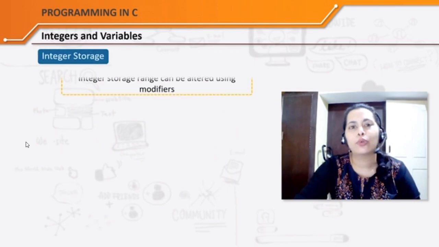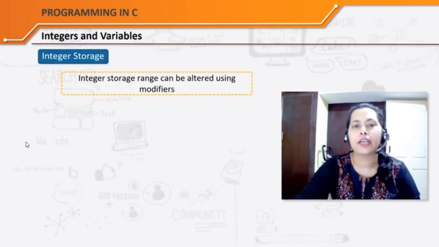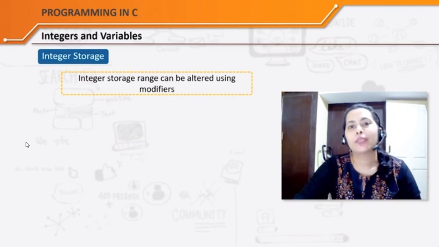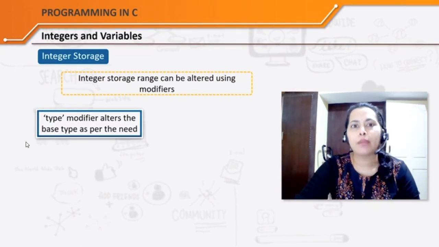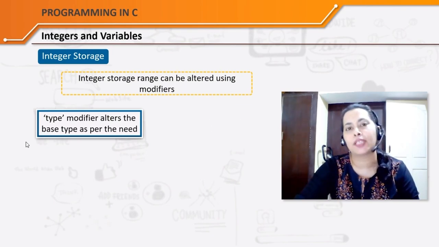As it is known that integers will occupy certain range of values, C language allows us to alter this range by adding certain type modifiers. Now, the type modifiers alter the meaning of a base type to fit our need more precisely.